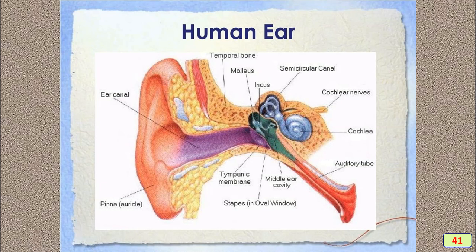Then the stapes or oval window will be vibrating, and this is one of the important things, which is also called the cochlea. Then cochlear nerves will be present, and semicircular canals will be there, and whenever a sound comes and hits this particular cochlea, it is sensed by the brain through the auditory nerves.